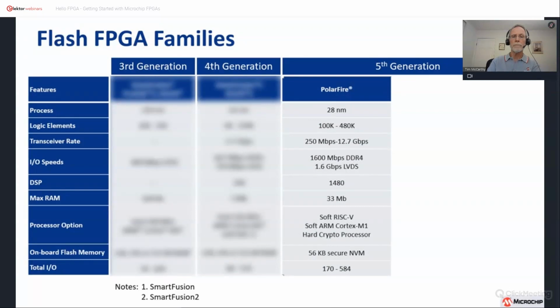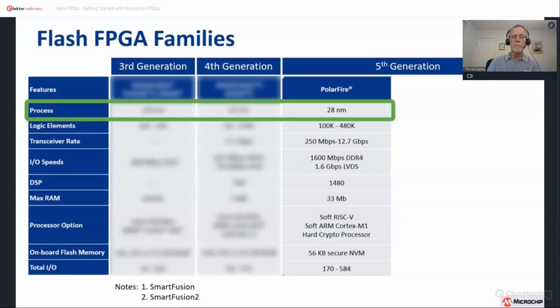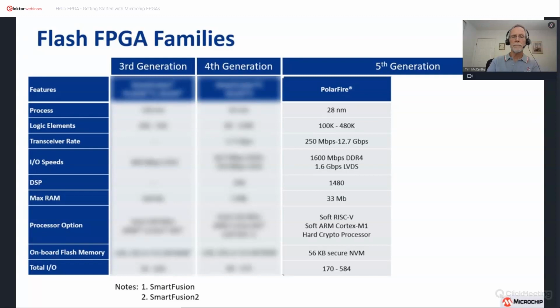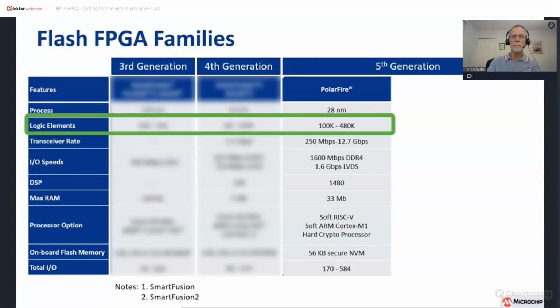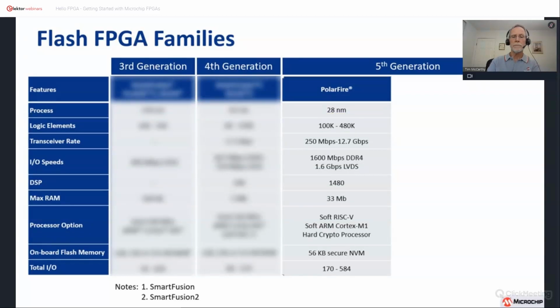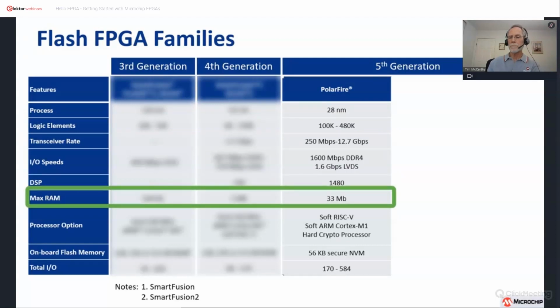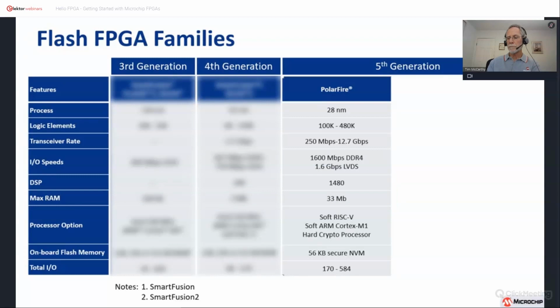PolarFire is a mid-range FPGA fabricated at 28 nanometers. PolarFire FPGAs have up to 480,000 logic elements, 1,480 math blocks, and 33 megabits of embedded SRAM. Each PolarFire device has 8 PLLs and 8 delay lock loops or DLLs, and 56 kbytes of embedded flash memory.